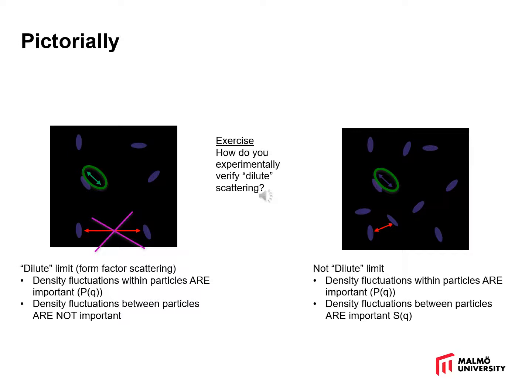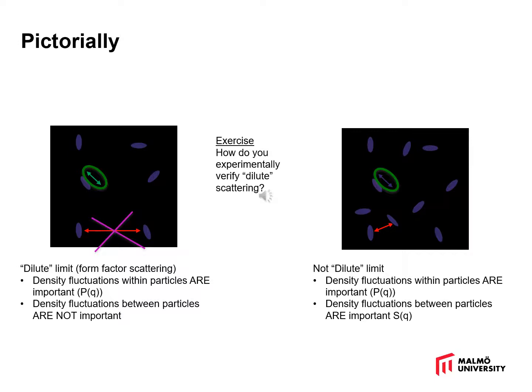The particles are not so close together that the density fluctuations between the particles become important. So that's the dilute limit, where the scattering is dominated by the form factor or the shape of the particles. Now, we haven't considered it in this case, but there can also be some internal variation in density of the particles, and you might like to play around with that.